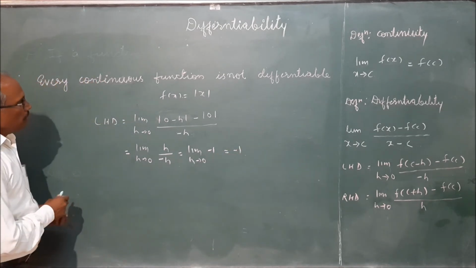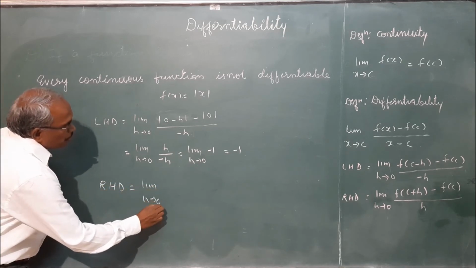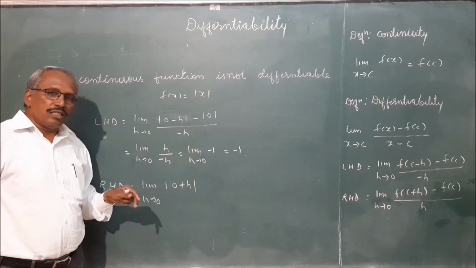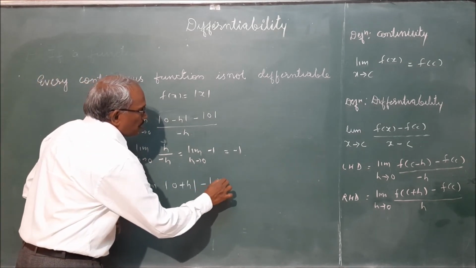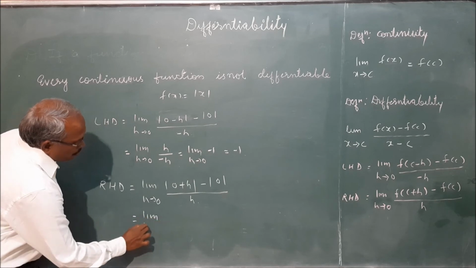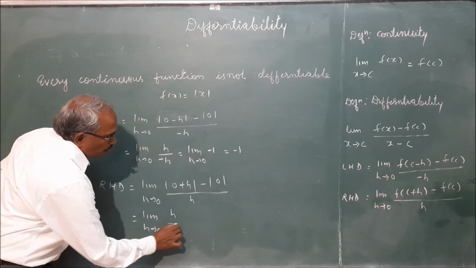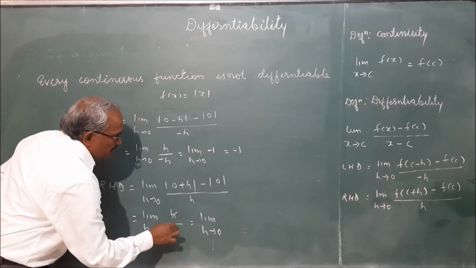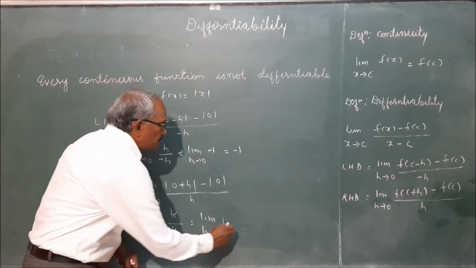Let us now calculate the right hand derivative. The right hand derivative is limit h tends to 0, [mod of (c plus h) minus mod of c] upon h. Here c is 0, so it is [mod of (0 plus h) minus mod of 0] upon h. Mod of (0 plus h) means h, minus 0, upon h. The h will get cancelled, leaving 1, and the limit of 1 as h tends to 0 is 1.